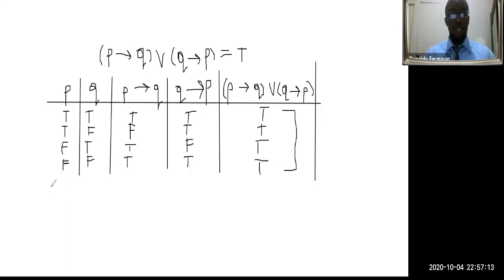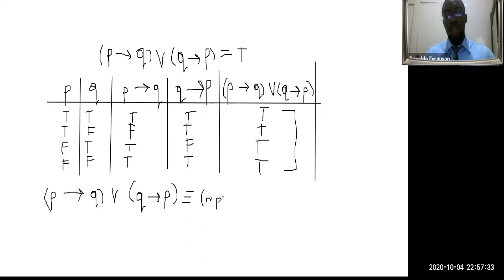So we will have P implies Q or Q implies P. Now remember, P implies Q is logically equivalent to not P or Q. And Q implies P is equivalent to not Q or P.